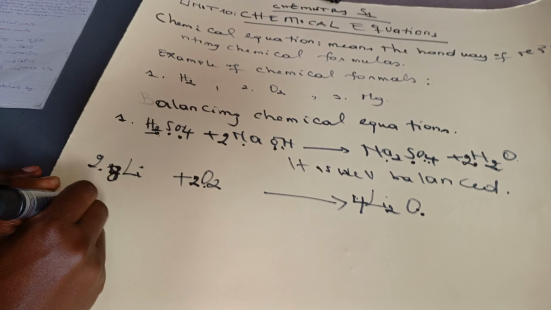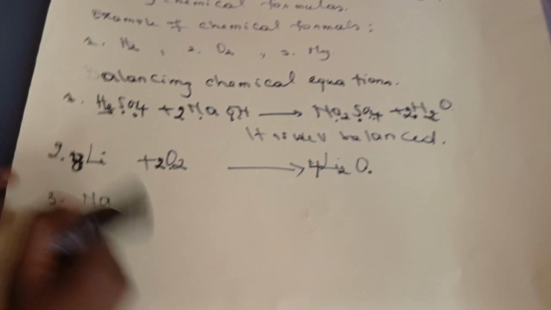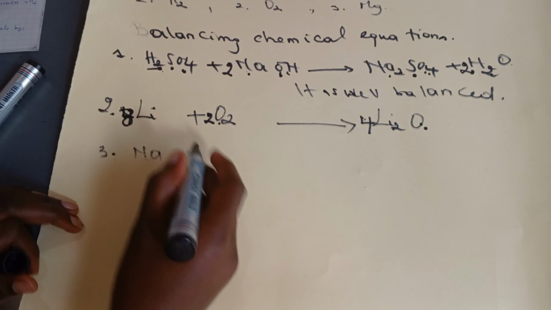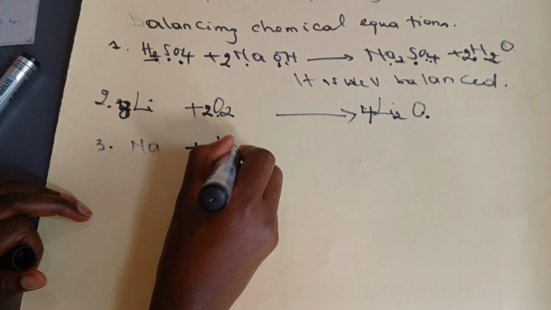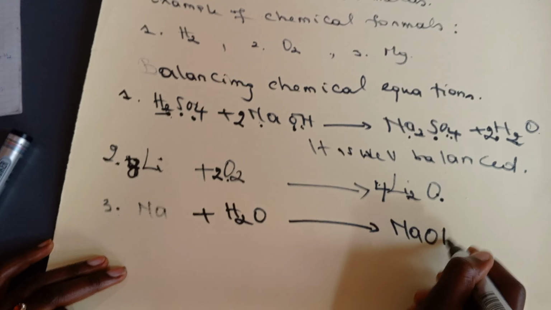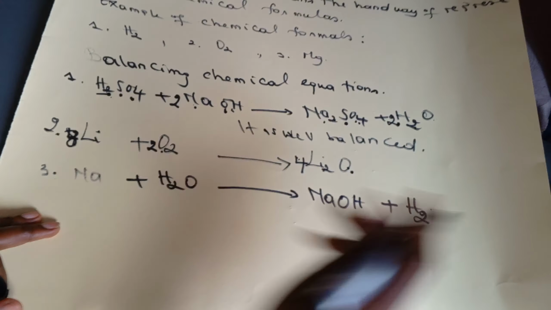For example number 3, we take sodium reacting with water to give sodium hydroxide and hydrogen gas.